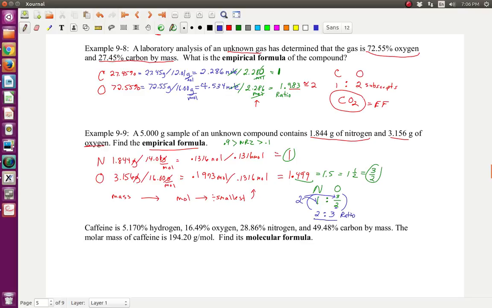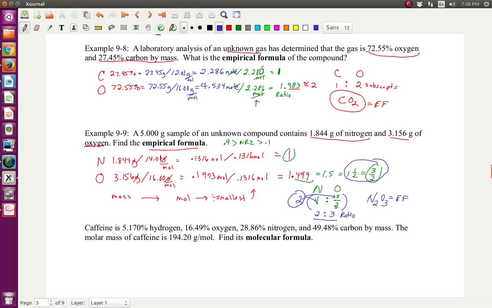The ratio becomes subscripts, so this becomes N2O3. That is my unknown compound, its empirical formula, N2O3. There's the extra math, taking it and multiplying it by the denominator.